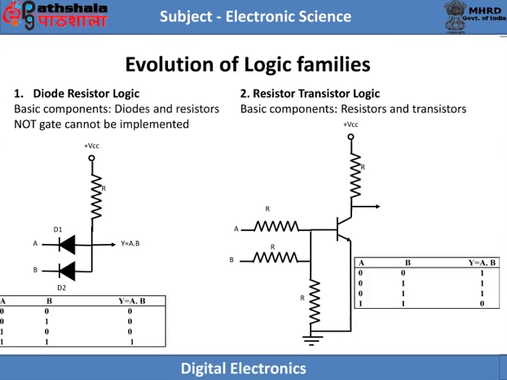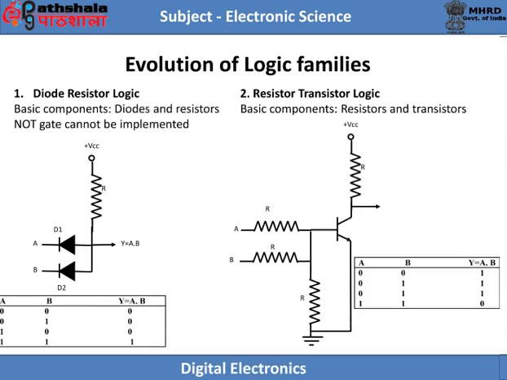However, if A and B both are logic 1, then both the diodes D1 and D2 are reverse biased and output Y is equal to logic 1. Hence, this circuit represents logical AND operation, that is Y is equal to A and B. Figure shows the truth table of this logic circuit.